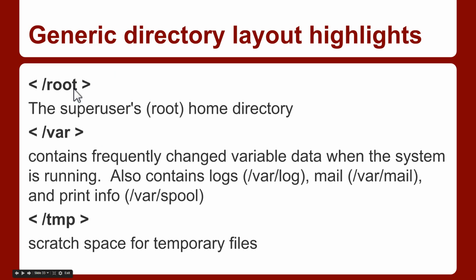Instead of /home/root, it's just /root. /var contains the frequently changed variable data when the system is running. It also contains logs, which is very important for security and also important to attackers for covering their tracks.